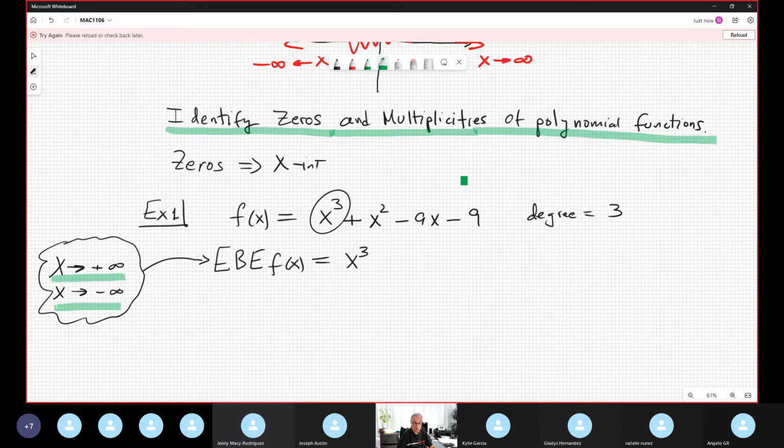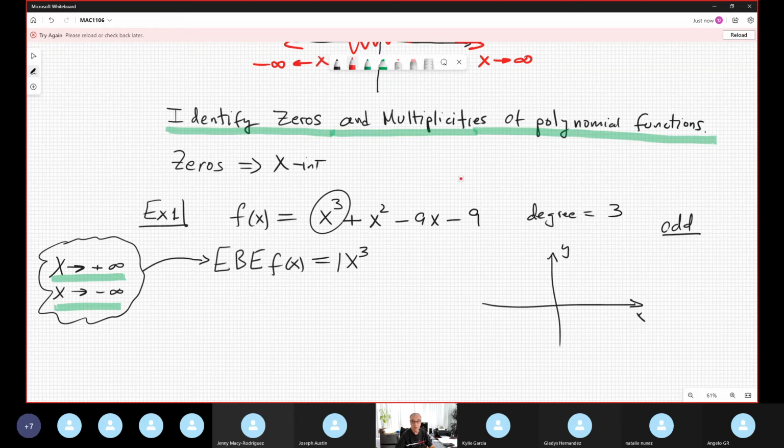Yes. Therefore, I can imagine the shape of this graph. The end behavior: this is an odd function because the exponent is 3, an odd number, and the coefficient is positive. Guess what?